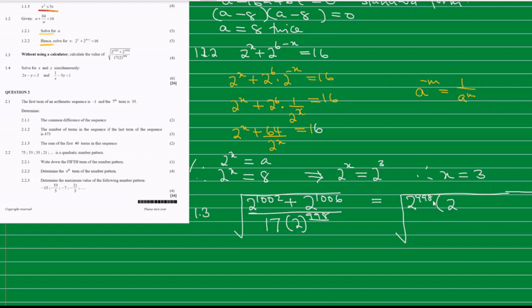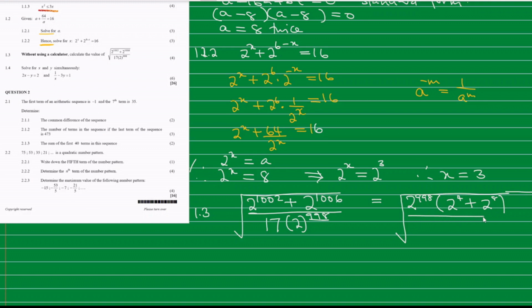So we need a number that we add to 998 so that we get 1002, so that value is a 4. For example, when you multiply 2 to the power 998 into this one, the exponents will add. And from 2 to the power 1006, we do the same thing. That will be 2 to the power 8. So we factor out 2 to the power 998. So in brackets here we put these terms.